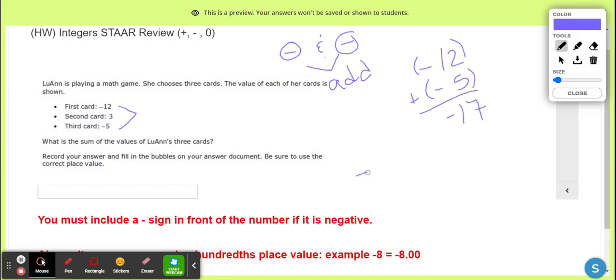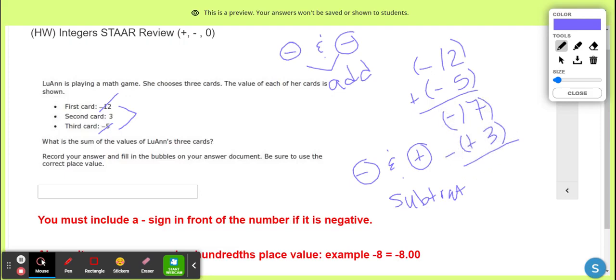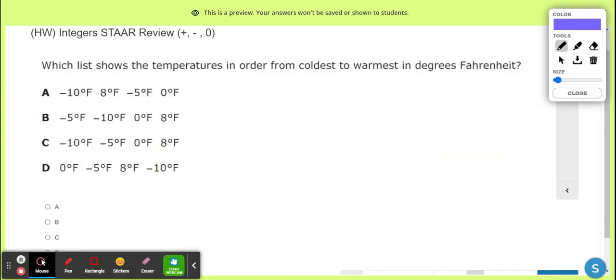All right, so negatives and positives, subtract. So now we have +3, and we're going to subtract, and then keep the sign of which one you have more of.